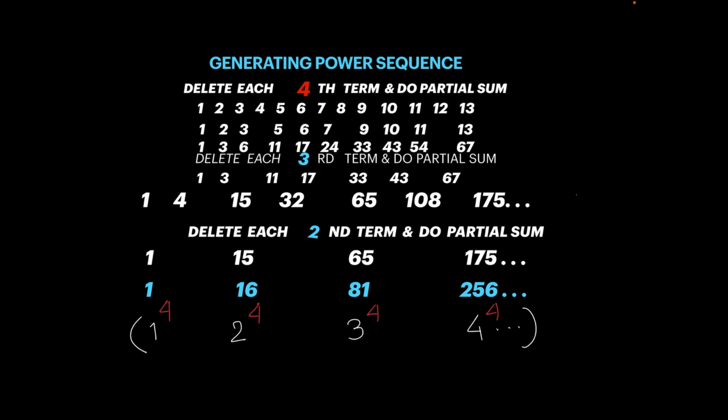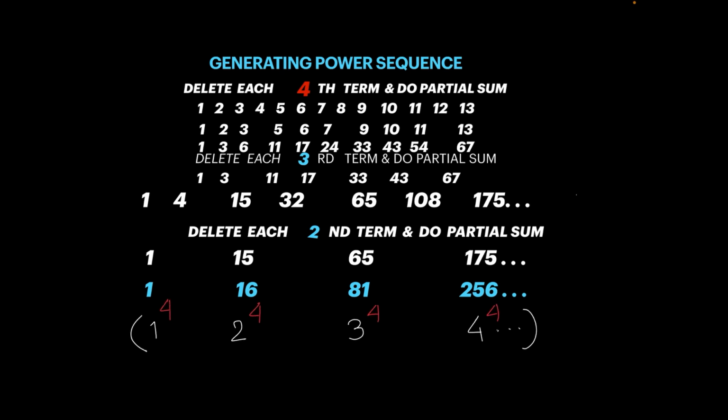So it is very interesting that if we start deleting each fourth term, then we will get the power 4 sequence of natural numbers. That means 1 to the power 4, 2 to the power 4, 3 to the power 4, and so on. So this is very interesting, and you will see that a pattern follows, isn't it?